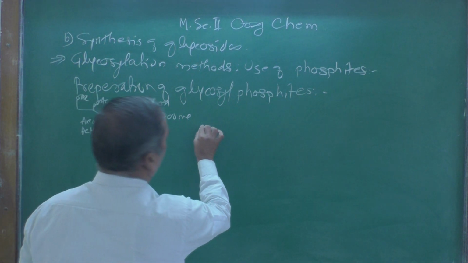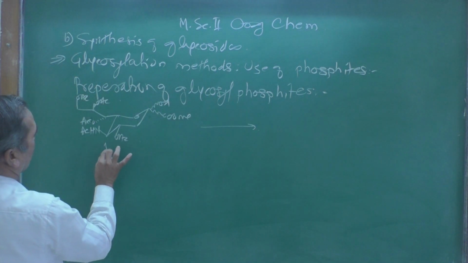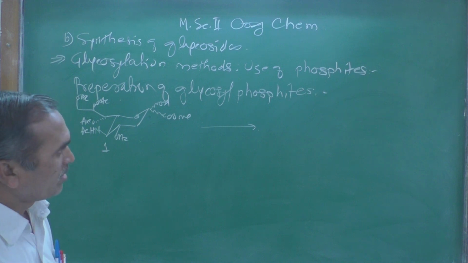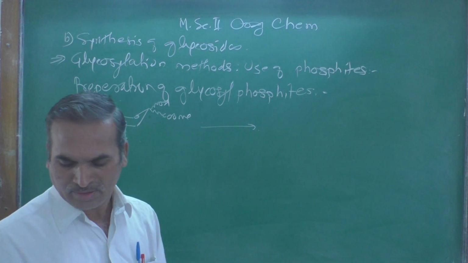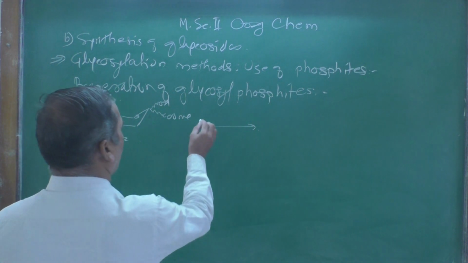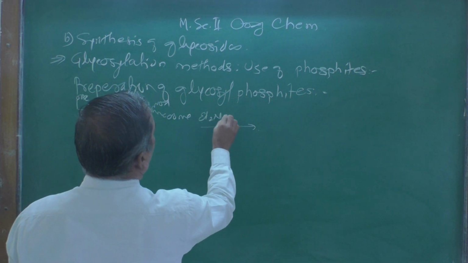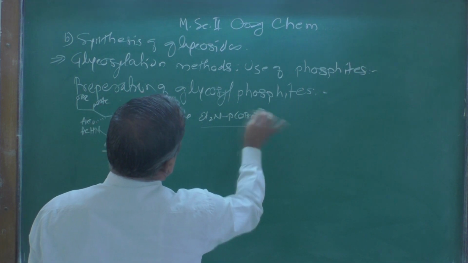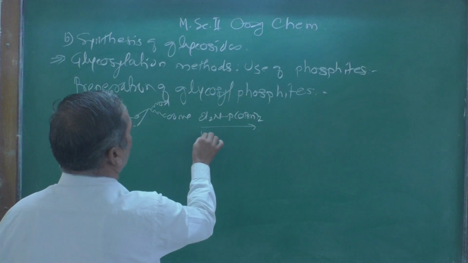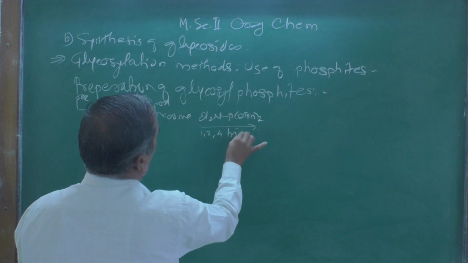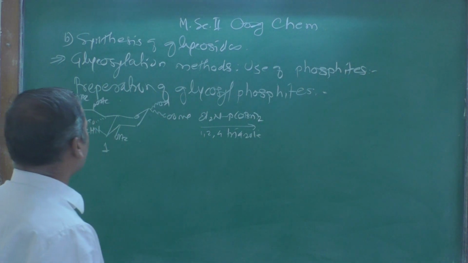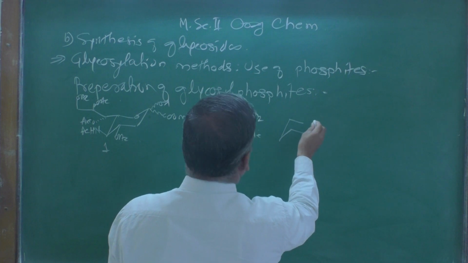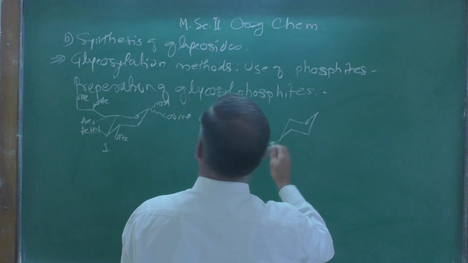And this compound, the starting material, you can call it structure number 4, that is a glycoside, and this glycoside when treated with a reagent like diethyl phosphoramidite, P(OBn)2N twice, in presence of 1,2,4-triazole, the resulting compound obtained will be this one.